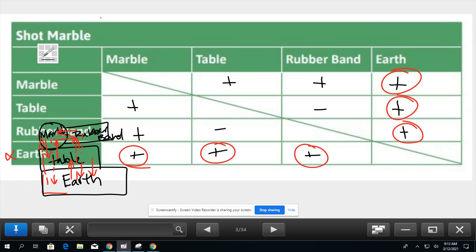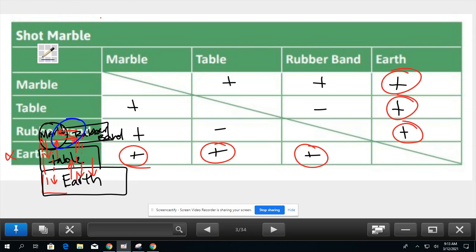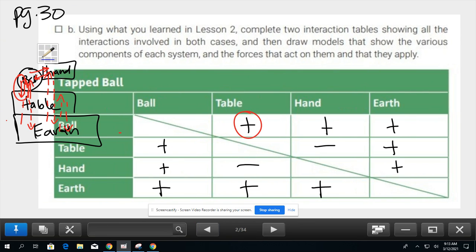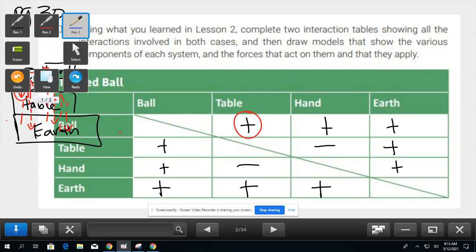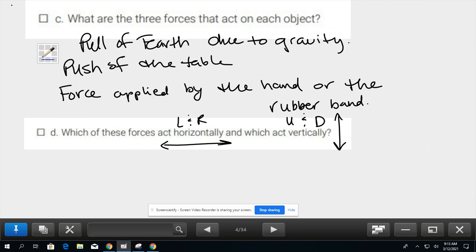Well, there's arrows moving left to right between the marble and the rubber band. There are arrows moving left to right between the ball and the hand. Okay, so the push of the hand and rubber band act horizontally.